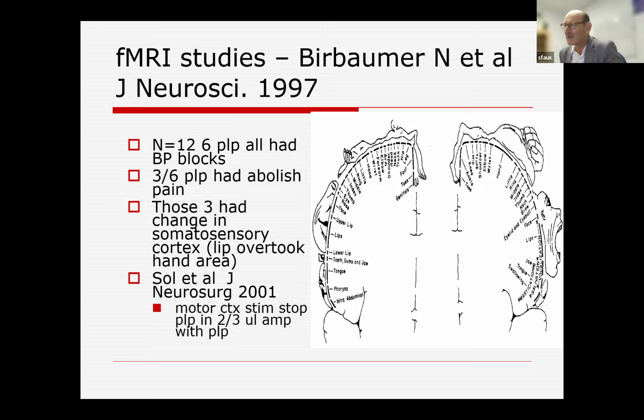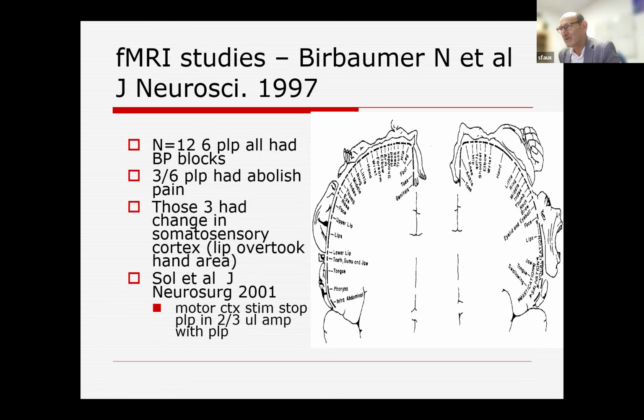If you have a look here, you'll see that the hand and the arm area is quite next to the lips and face. What happened was the lips and face extended and took over the hand area.